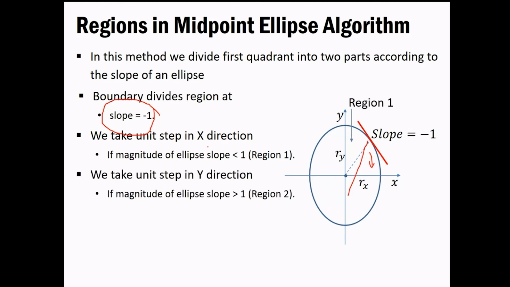If the slope is greater than 1, then we take a unit step in the y direction. You now go in the y direction and increment this value iteration by iteration, and you operate in region 2. So keep in mind that in region 1 you increment the x value, and in region 2 you take a unit step in the y direction. Keep this in mind because it will be useful to you.